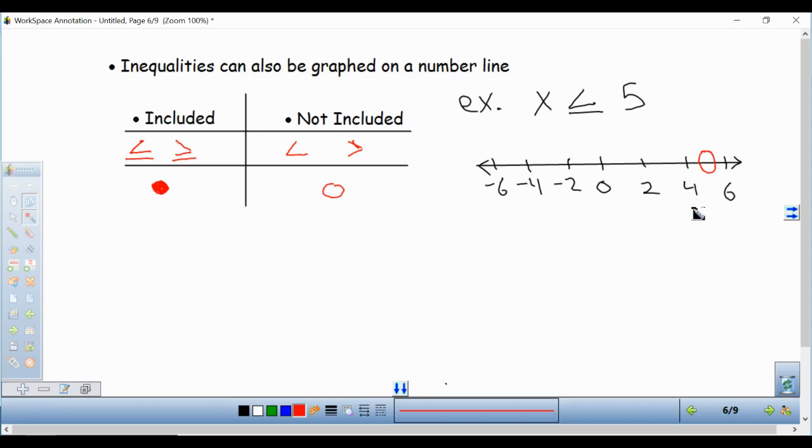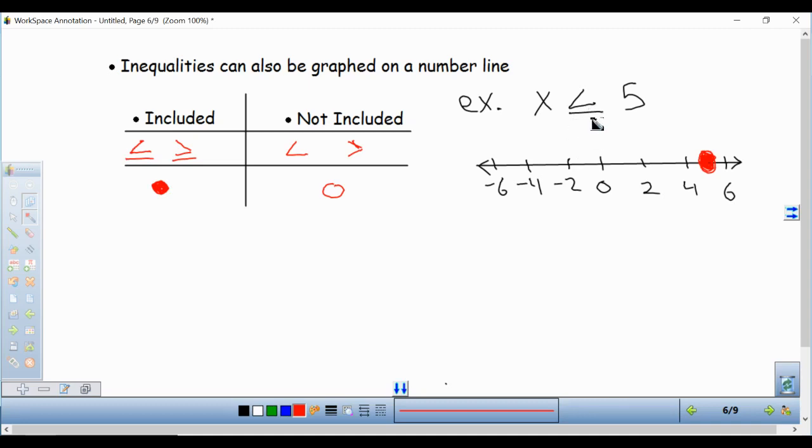And I'm going to shade everything X can be. So if X can be less than or equal to 5, can it be 5? Yes, it can be 5. So I'm going to shade this circle because X can be 5. And here it even says to the left, these signs are represented by a shaded circle. I'm going to shade everything else that X can be too.